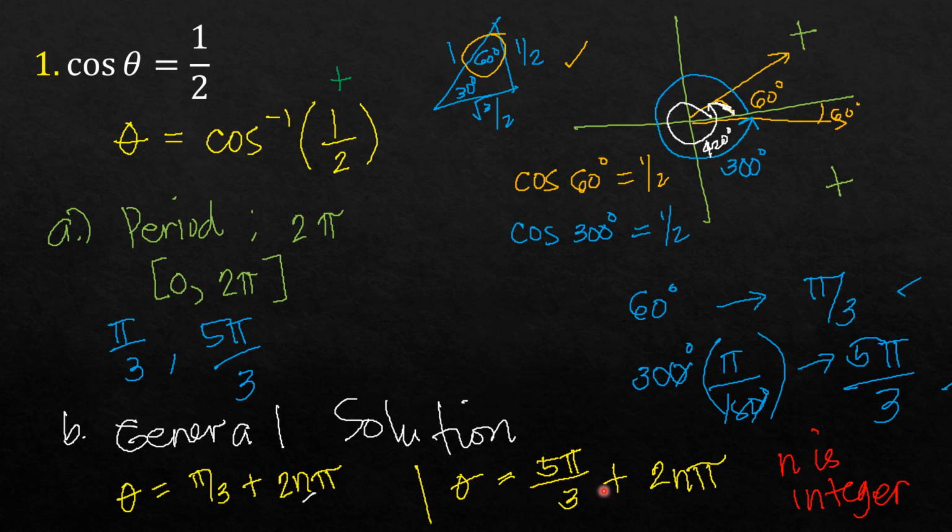And for 5 pi over 3, adding another rotation, one complete revolution, or it's up to you what that n is, would mean going back to the position of 5 pi over 3, which will definitely provide you the same answer, which is 1/2 and 1/2. Okay, that is the meaning of the general solutions. You can name all other solutions with the use of this equation provided.